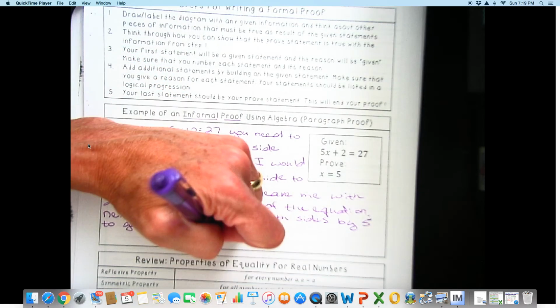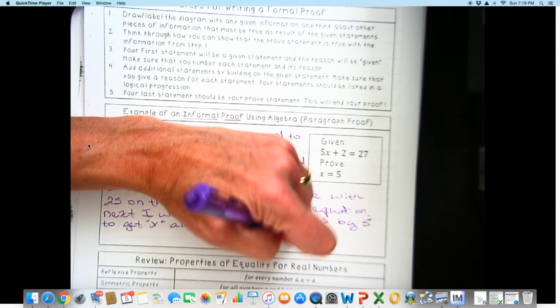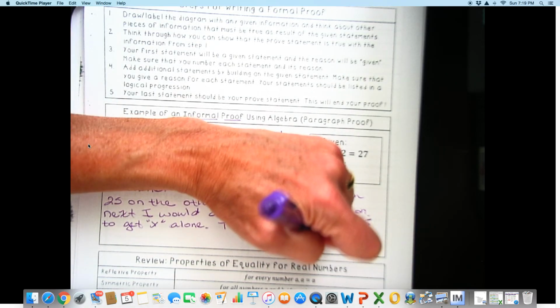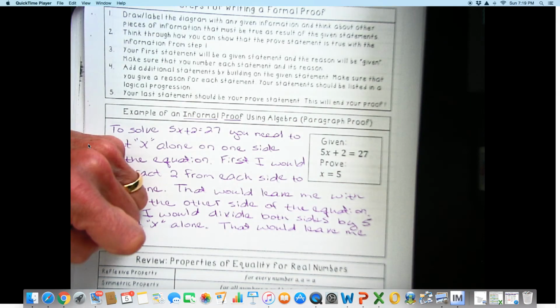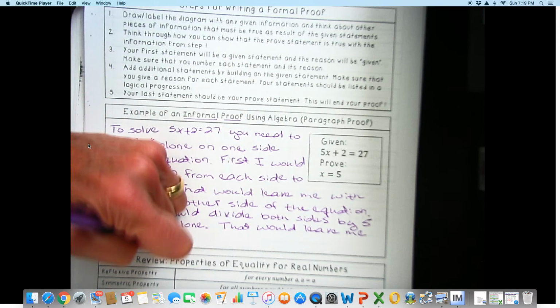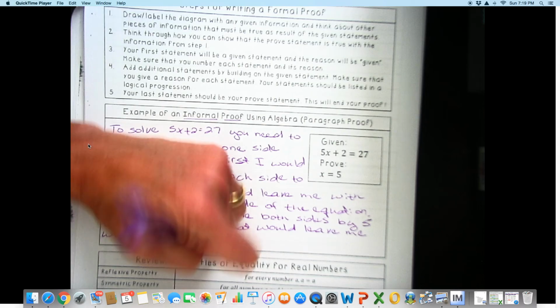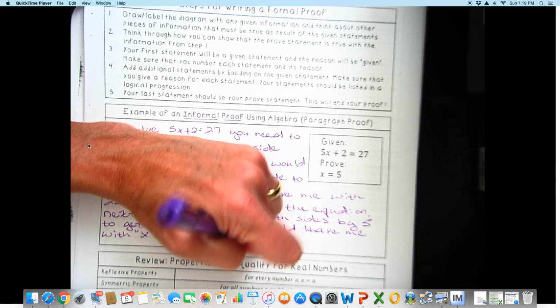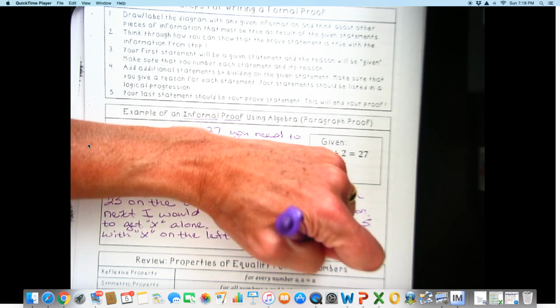That would leave me with x on the left side and 5 on the right.